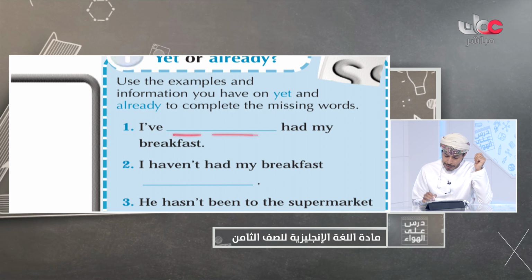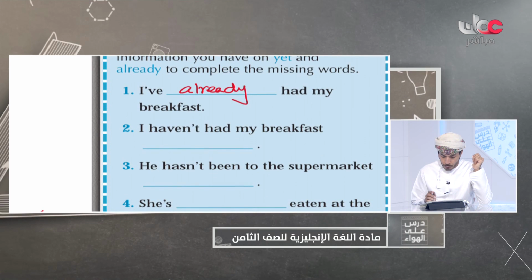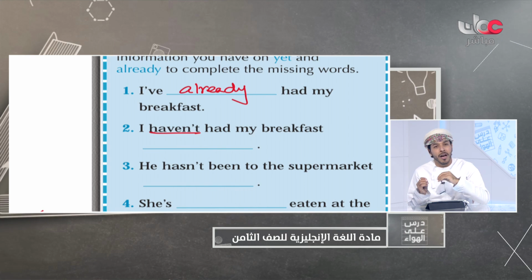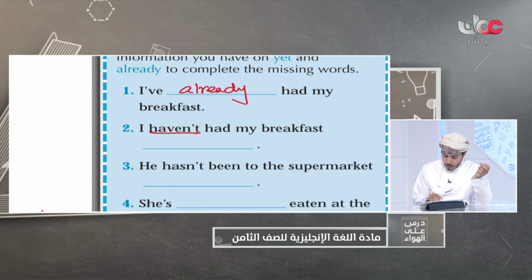So it is not in the end of a sentence, and the answer is going to be already. Good. And for the next one, we have a negative sentence: I haven't had my breakfast yet. Very easy. So we will put here yet.